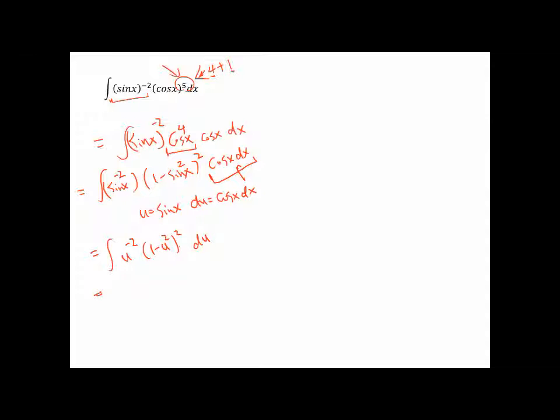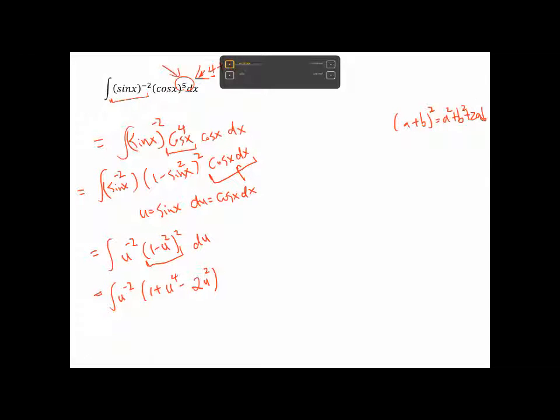And again, I want to multiply this out. U to the negative 2, 1 plus u to the fourth minus 2 u square, right? A plus b square equals what? A square plus b square plus 2ab, right? Du.